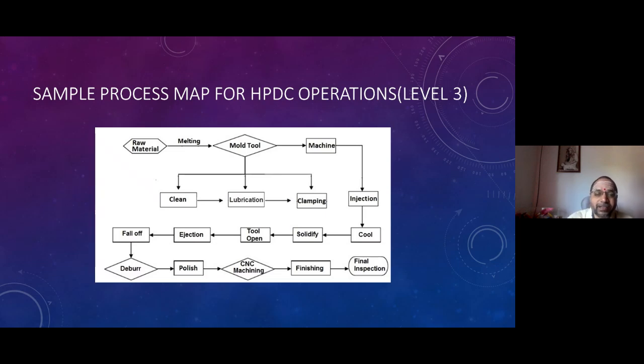Then metal is injected. Then the part is ejected. And then it is allowed to solidify, and then finishing operations are done. So this is a typical routine in a high pressure die casting environment. So what you are seeing here is a process map for that, right? We can stop here with respect to process maps for now. So basically you are having a visual map of what happens in a casting department.